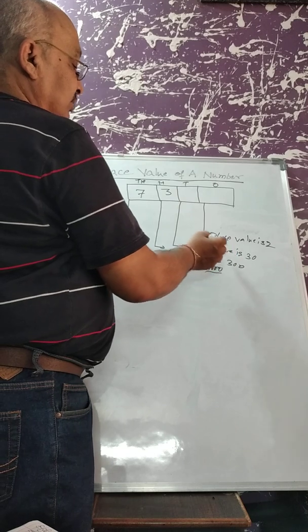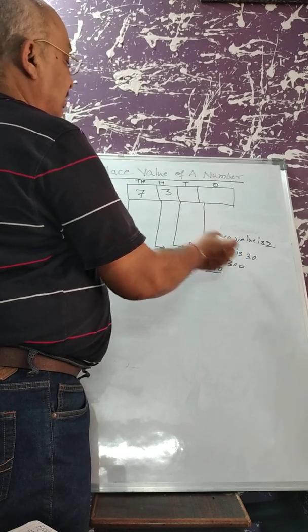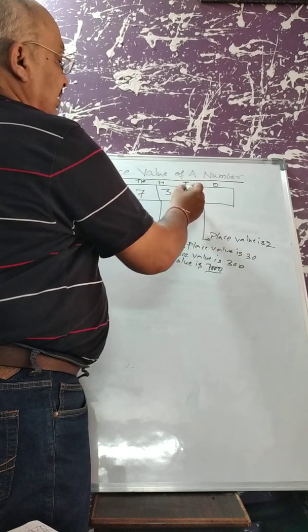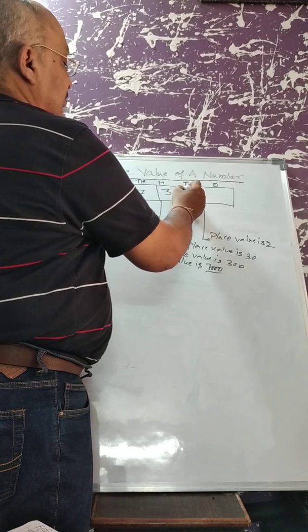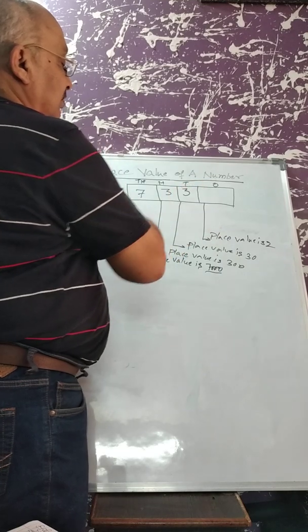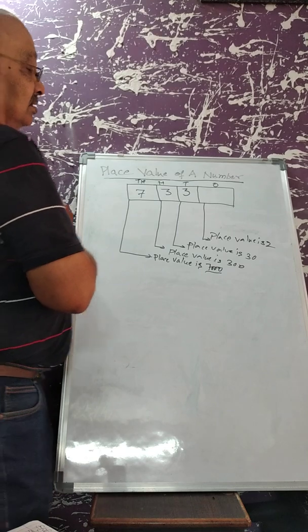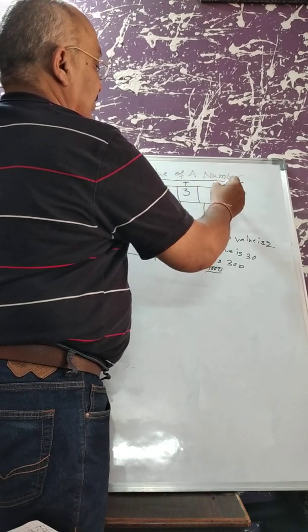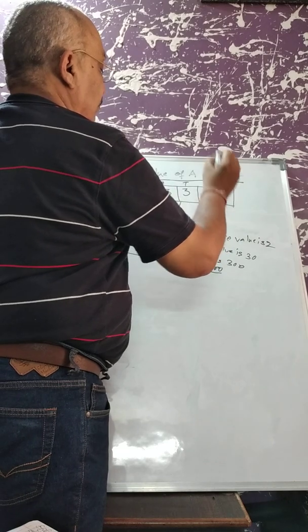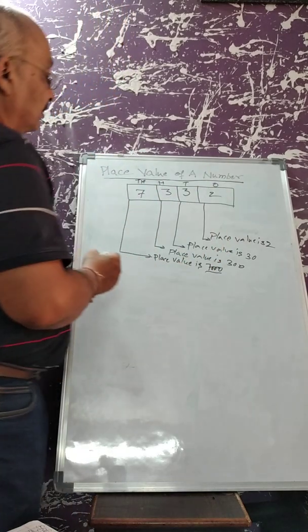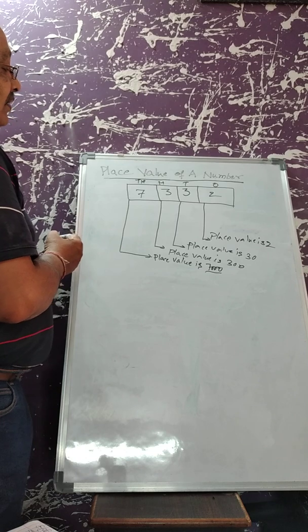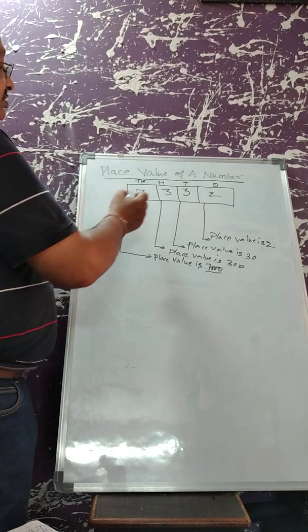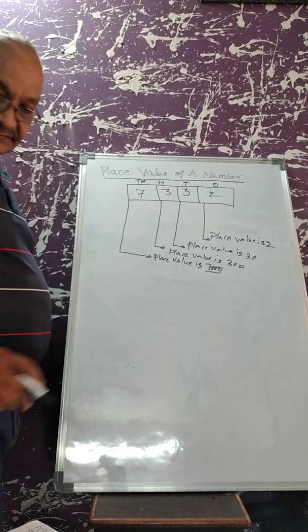Again, place value is 30 and over here starting from 3, so at the place of tens you will have to write again 3. Then again at the place of ones you will be writing 2. So the number which you have found out over here is 7,332.